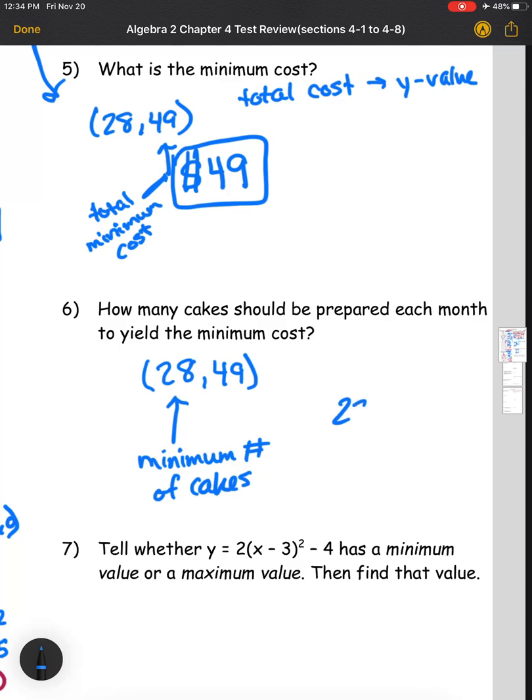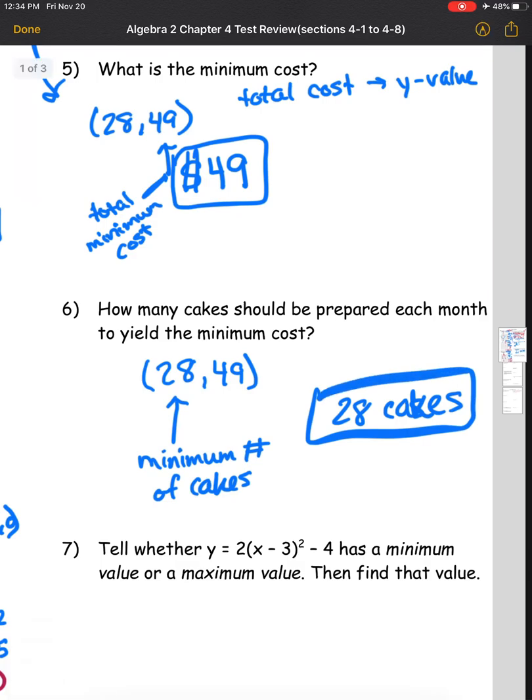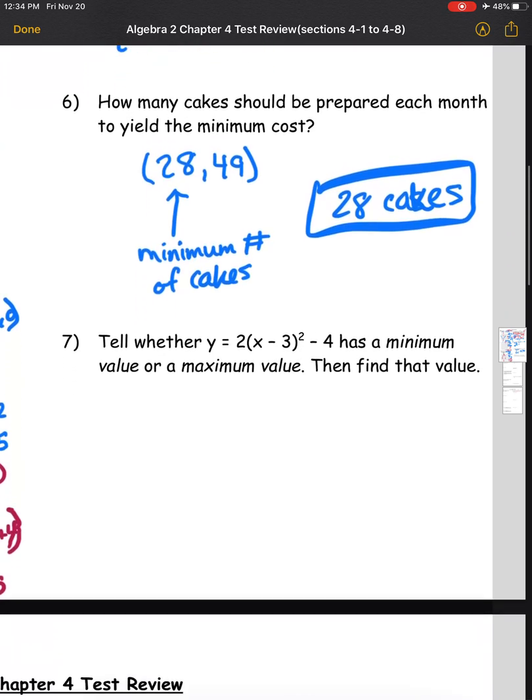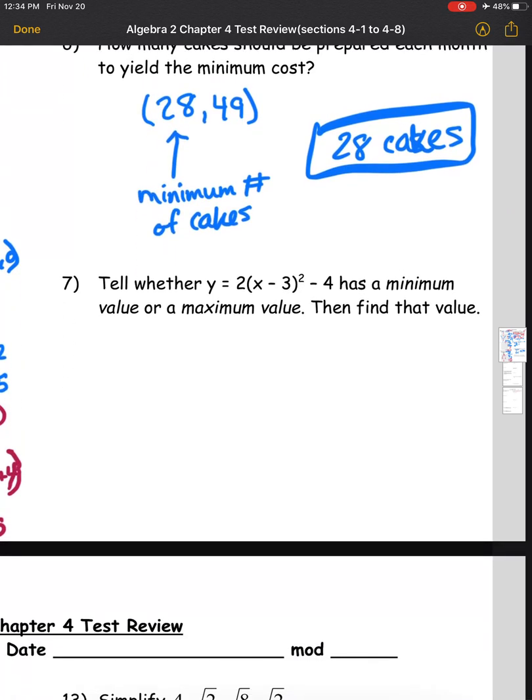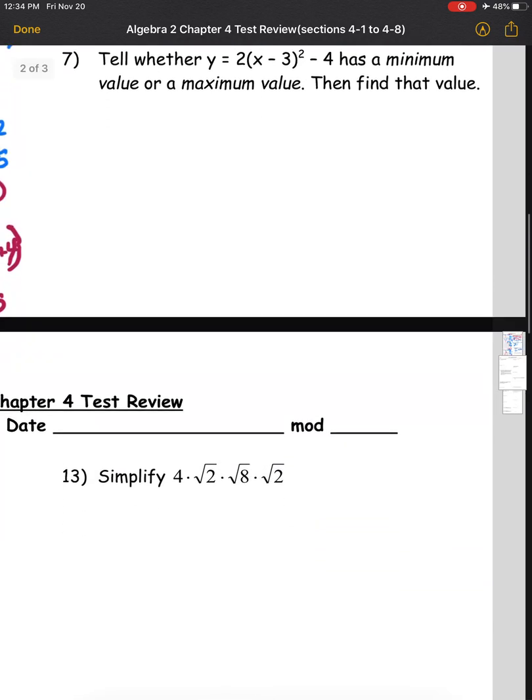So 28 cakes would be that answer. Number 7 is exactly like number 4. You're picking out, does it have a minimum or maximum value? And then find that minimum or maximum value.